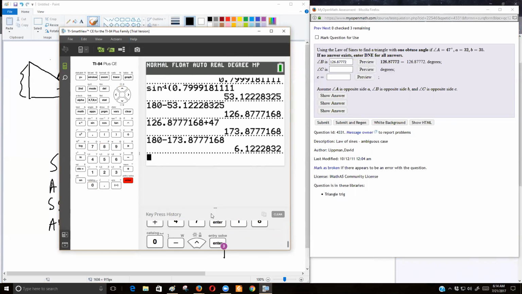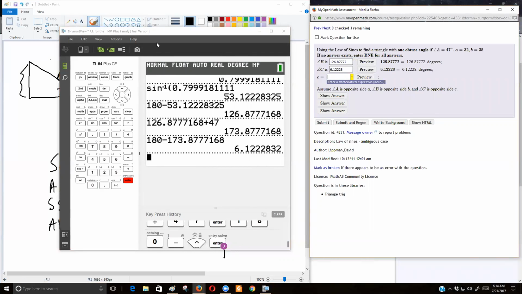So it was 6.122. I better get this right. What works well for Open Math, and you've probably found this too, is to give it plenty of decimal places. I usually go until I don't have to round.